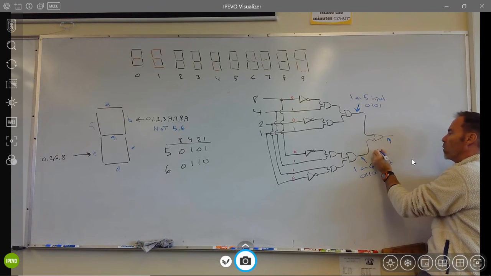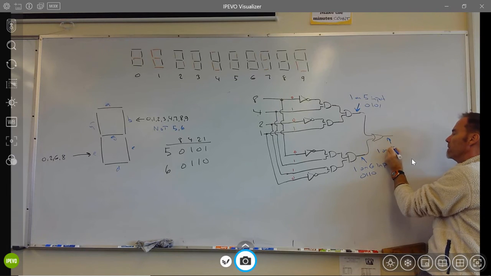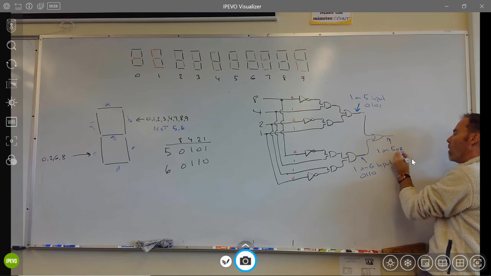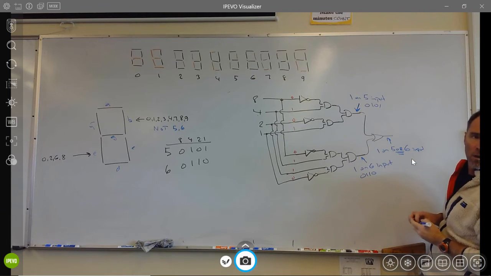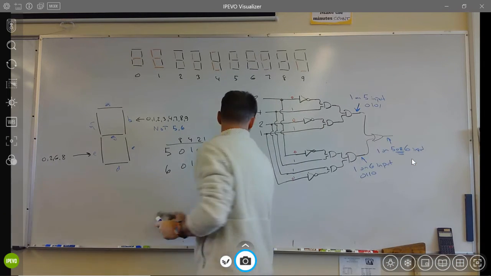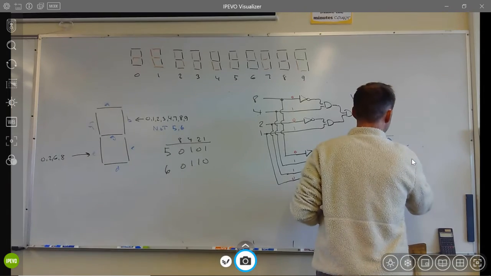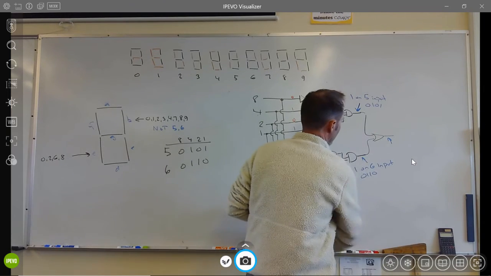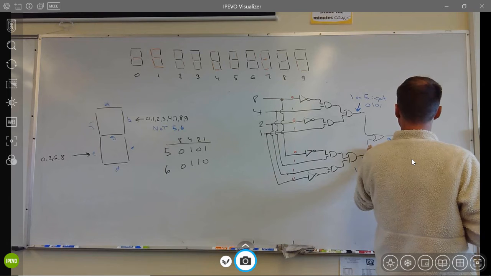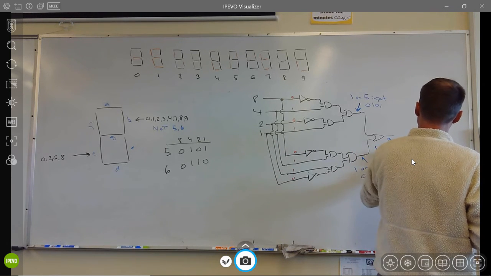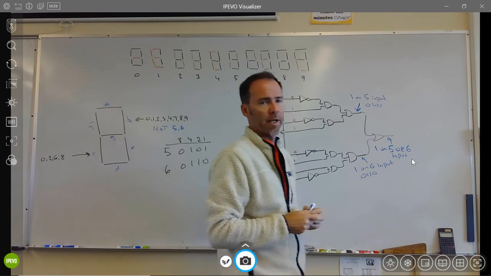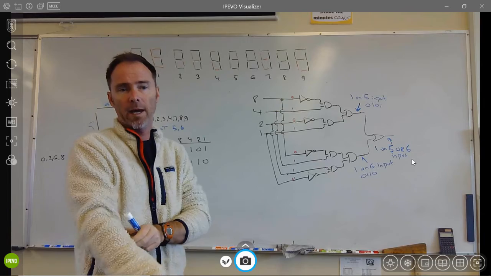Right here I have a 1 on 5 or 6 input. You can't read that, huh? I'm messing up, all right. So 1 right here in the middle, I have 1 on 5 or 6 input, right there. 1 on a 5 or 6 input, okay?